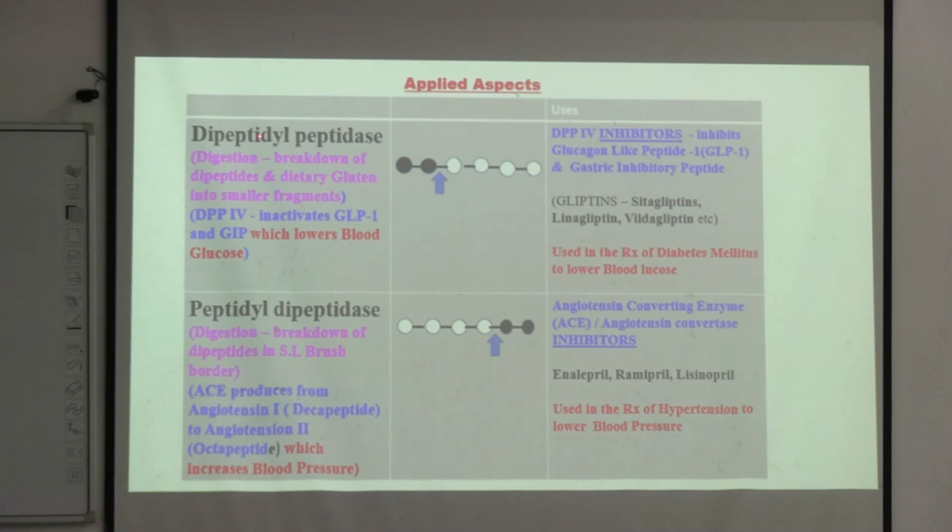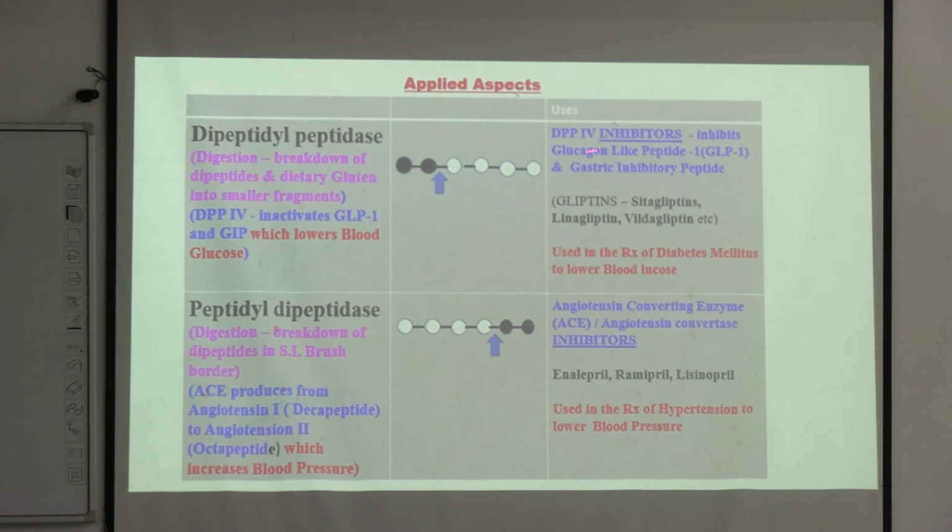DPP4 is one enzyme that inactivates GLP-1 and GIP, which will be taught during the diabetes class, and which lower blood glucose level. So if we use a DPP inhibitor, that will cause further lowering of the blood sugar, and DPP inhibitors are used as drugs. This is where I am linking biochemistry with pharmacology.